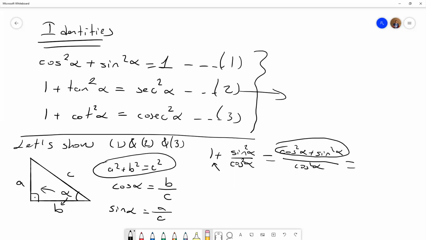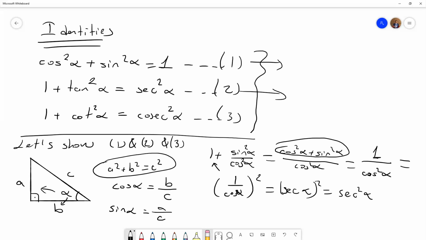Here the numerator is equal to 1 from the first identity. So 1 over cosine square alpha. And we know that 1 over cosine alpha square is secant square alpha. This is the end of the proof of identity 2.